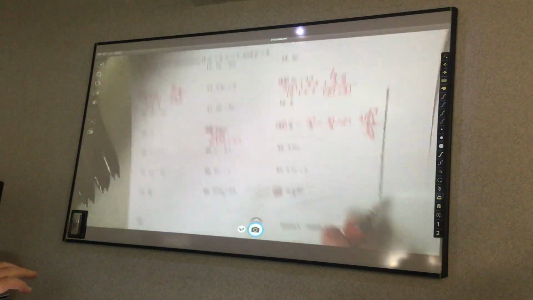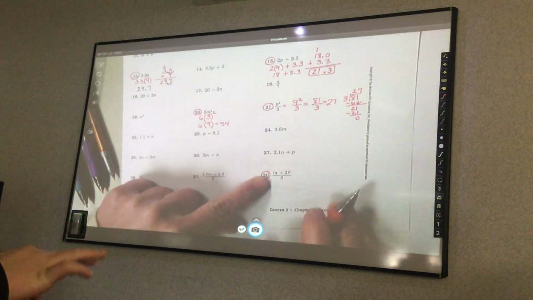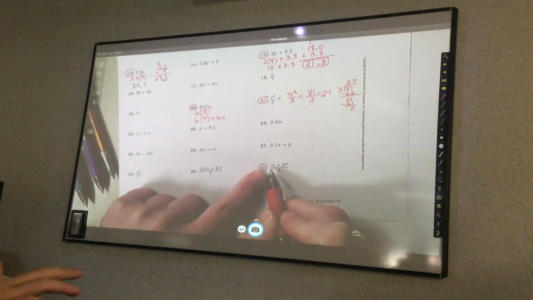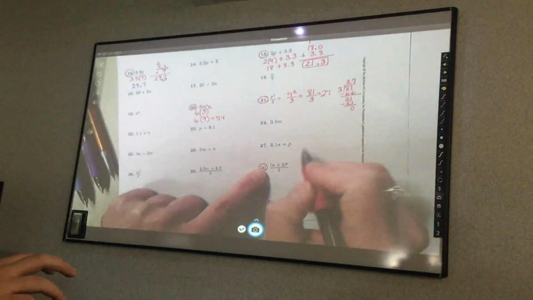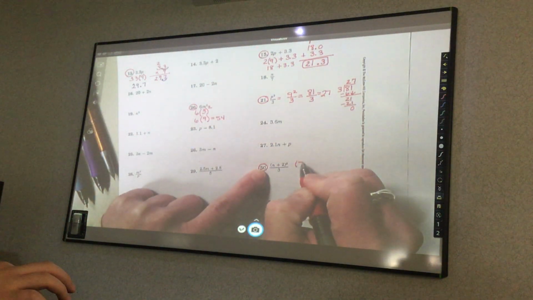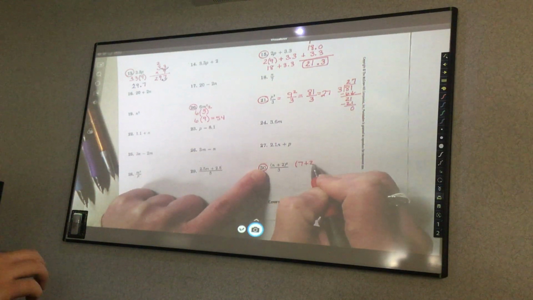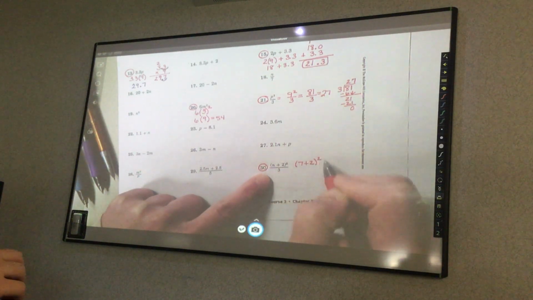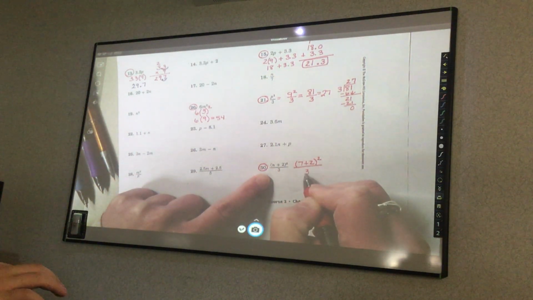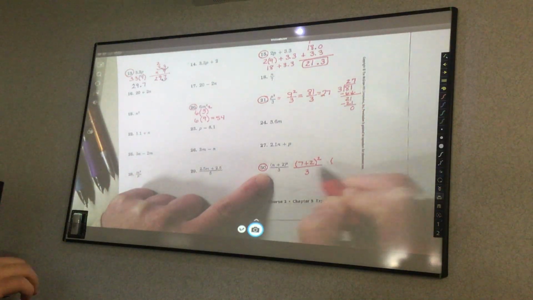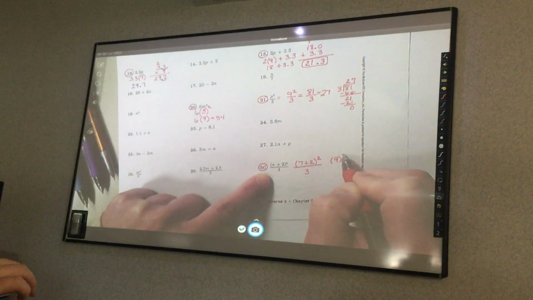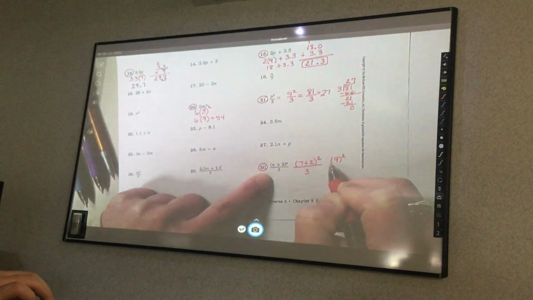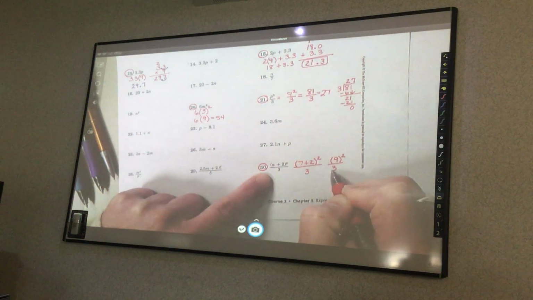30. Rewrite the problem, replacing the number in for the letter. n equals 7. So in parentheses, I've got 7 plus 2 squared divided by 3. So what is 7 plus 2? So now I have 9 squared divided by 3.